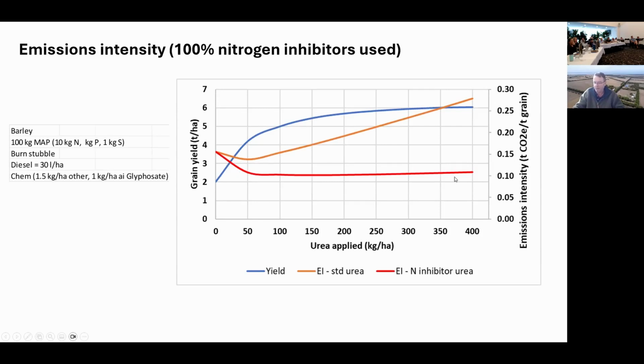That's the way the calculator pumps it out at the moment. The use of these inhibitors basically flatlines your emissions intensity as you chase higher yield. As I said, this is a mock example of yield, so don't hold me to it that that's exactly the number you're going to get, because I made up the response curve.